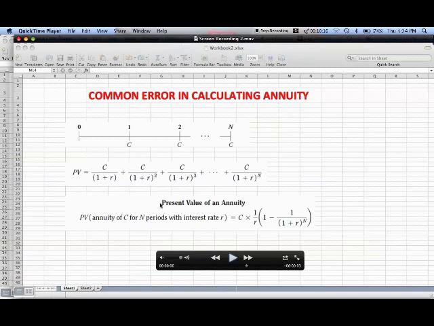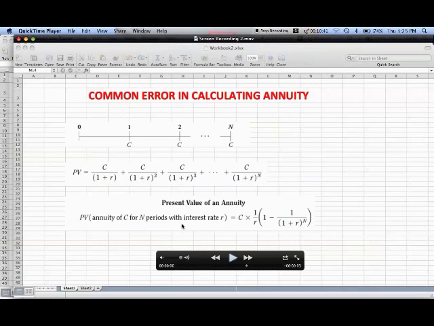The other side is that this is a very long formula. If you look at this, there is an N period here, it could be 5 years, 7 years, 10 years, and it's quite awkward if you have to calculate this one by one.